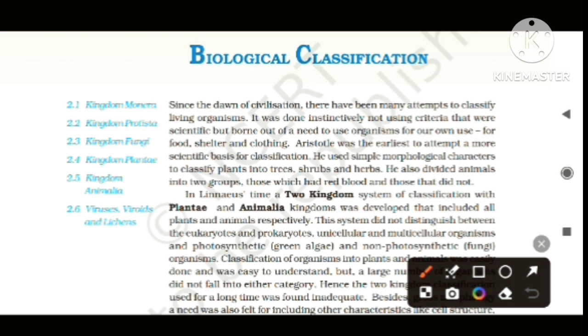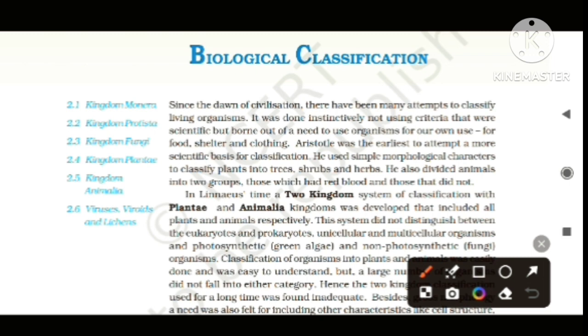It was done instinctively, not using scientific criteria, but born out of the need to use organisms for food, shelter, and cloth. Yes, we classified the organisms on the basis of our use, only for our needs.